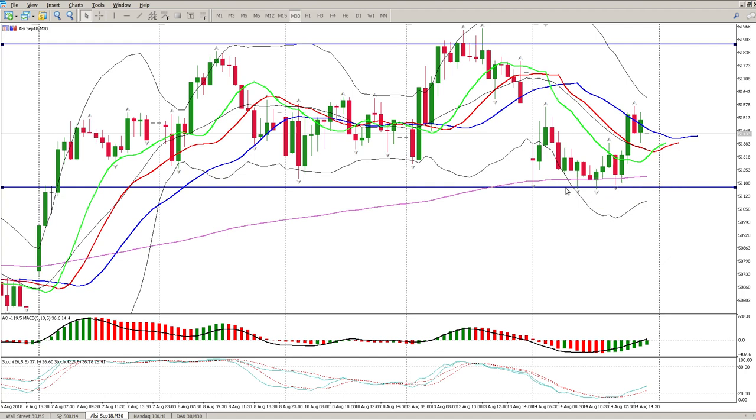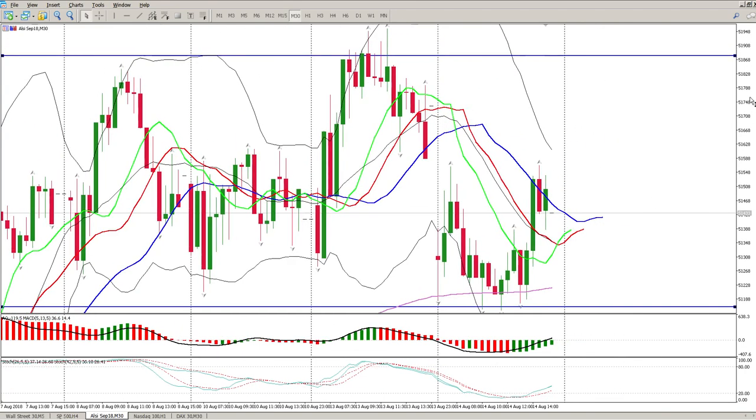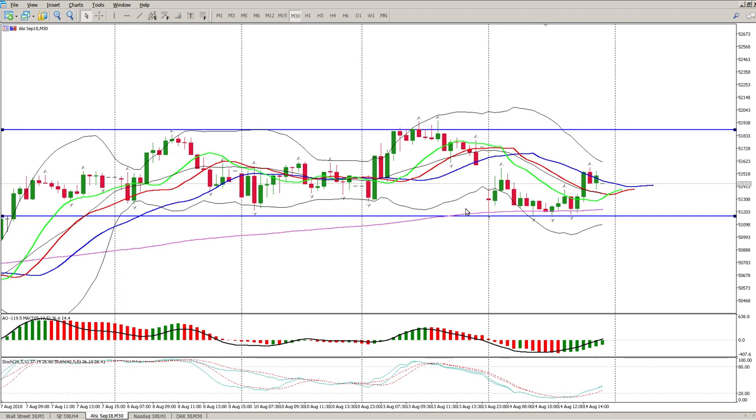So the break below the low of yesterday, 51160, to me would indicate a break below the range, and obviously we want a 30-minute or an hour close below that level.